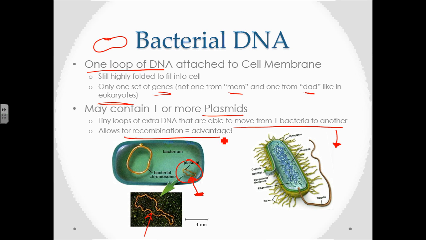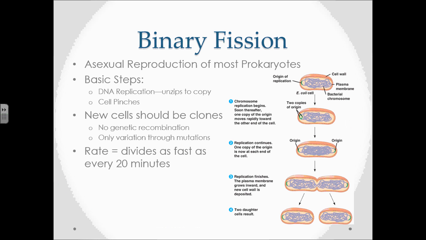So this is an example. This is good for bacteria because it allows for recombination. It allows for genetic variation without sexual reproduction. So it's asexual reproduction.